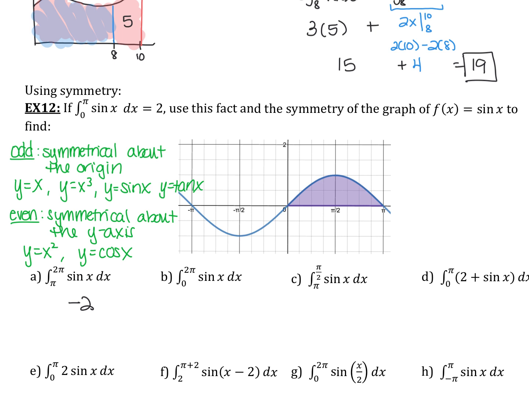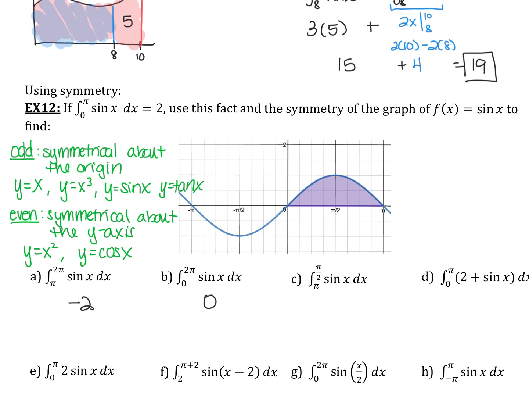All right, what about from 0 to 2 pi? What would that be based on the symmetry? Well, it should be 0, right? Because we have a positive 2 above the x-axis, and then a negative 2 below the x-axis.